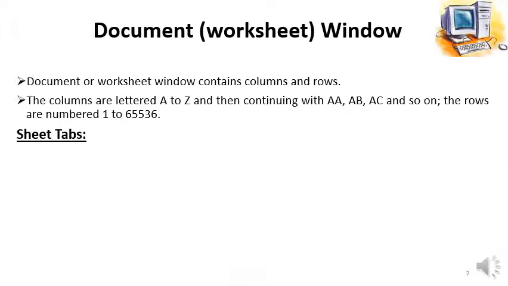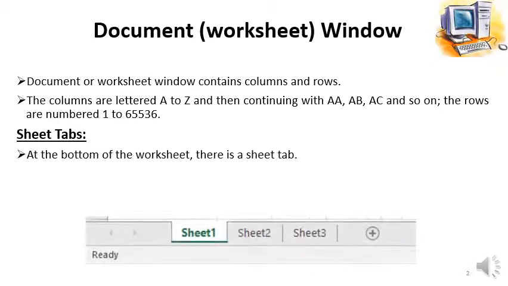Sheet tabs. At the bottom of the worksheet there is a sheet tab which displays the names of the sheets inside a single workbook. Like here, sheet 1, sheet 2 and sheet 3 are added. By default, Excel opens with 3 worksheets.